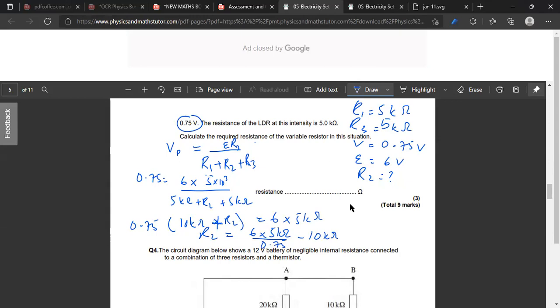So 30 divided by 0.75 minus 10. So R2 needs to be 30 kilo ohms. That's the correct answer.